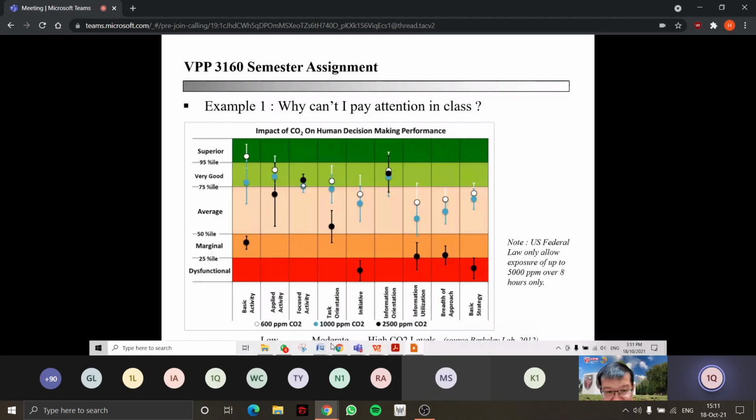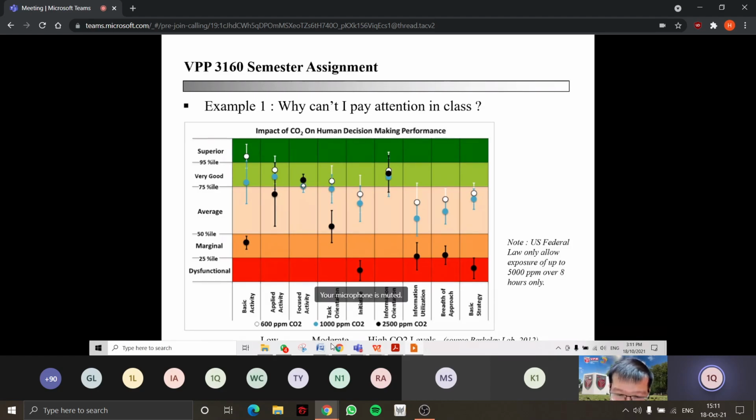But in this case, this researcher found out that one reason why they cannot pay attention in class is because of too high CO2. CO2 content, if it's high enough, will disrupt all these mental skills.